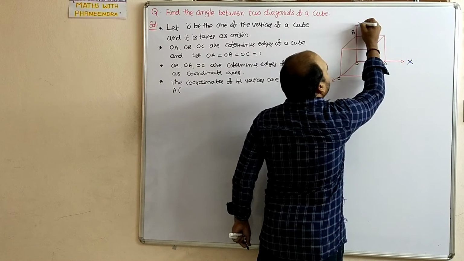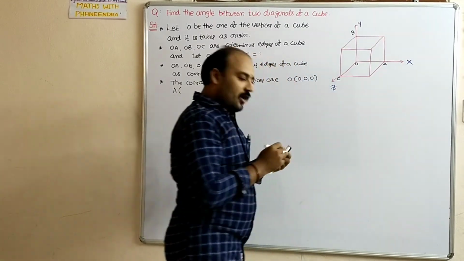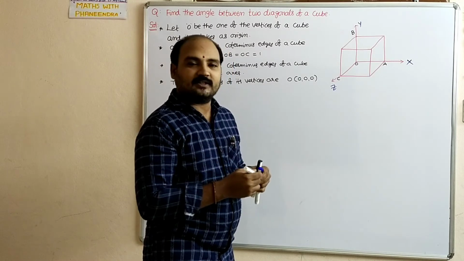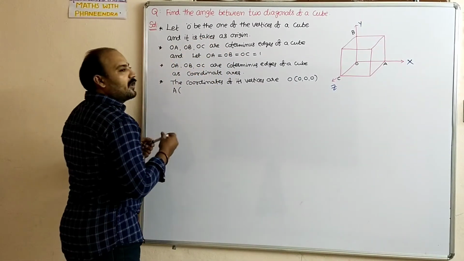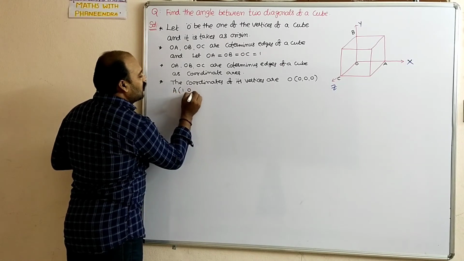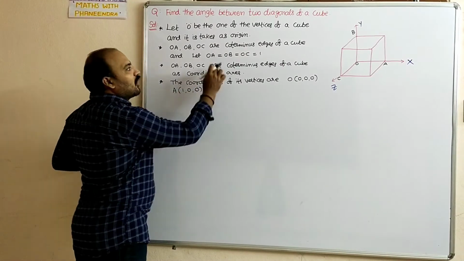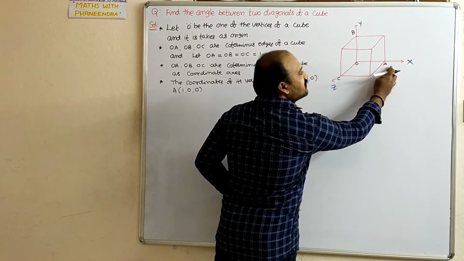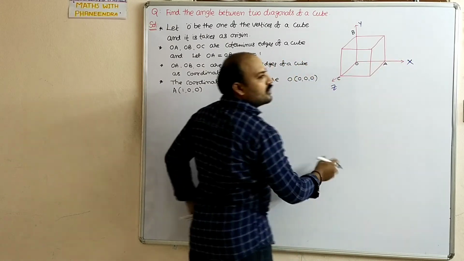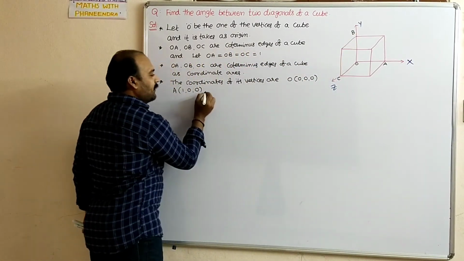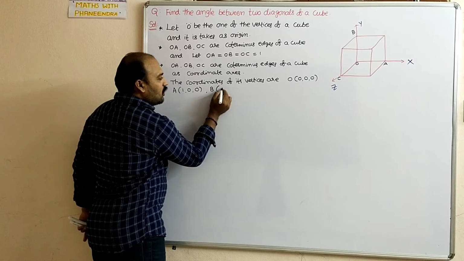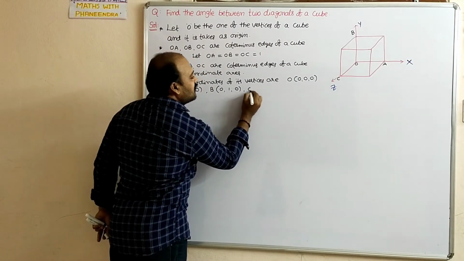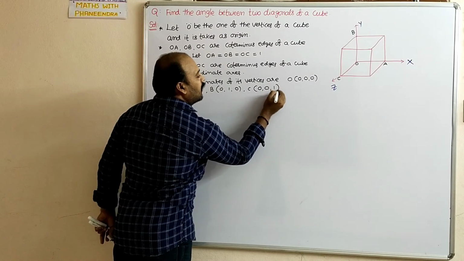This is x, this is y, this is z axis. So the coordinates of A become 1, 0, 0. Why 1, 0, 0? I already took OA value as 1, so from here to here it is 1 unit, which means A is 1 comma 0 comma 0. Similarly, B lies only on the y-axis, so B is 0, 1, 0. C point lies on the z-axis, so C coordinates become 0, 0, 1.